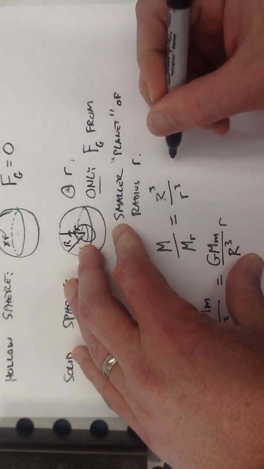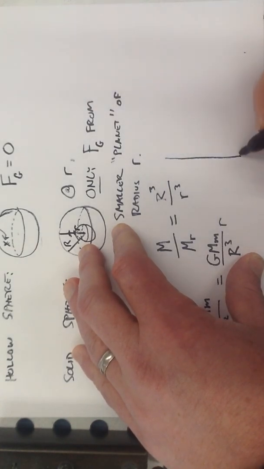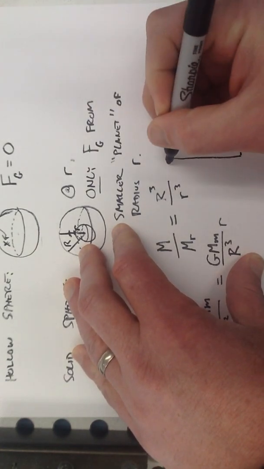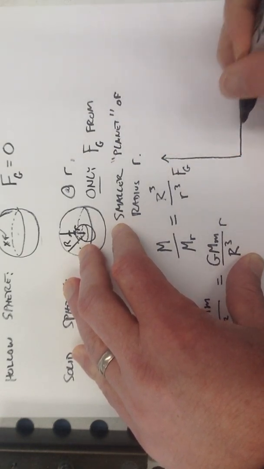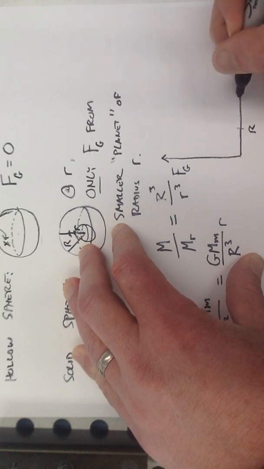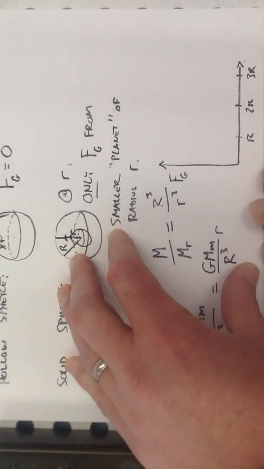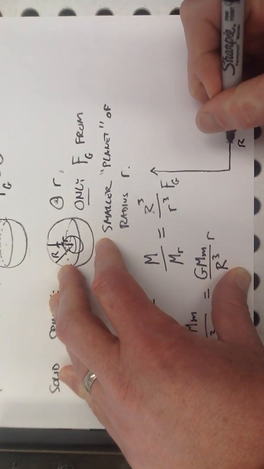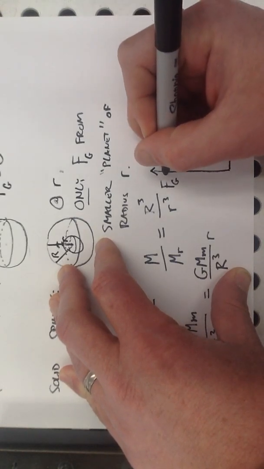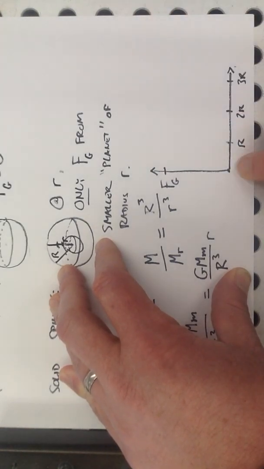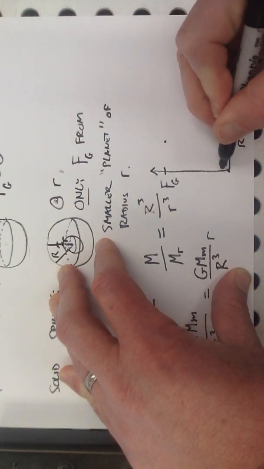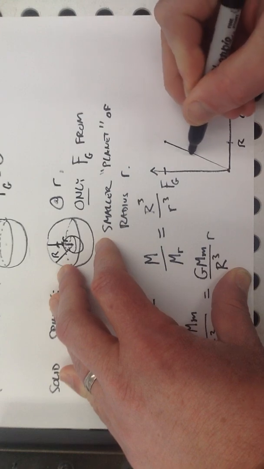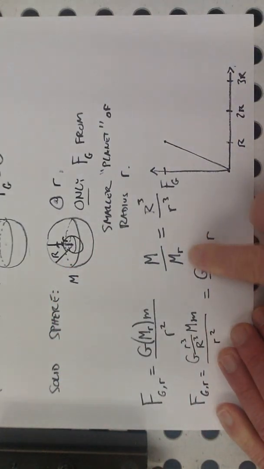So if we wanted to make a graph of how much gravitational force there is at various locations where r is like the radius of a planet, and if you go from the very center, from r equals 0, up to the radius of the planet, then this just increases in a straight line where the slope of it is this.